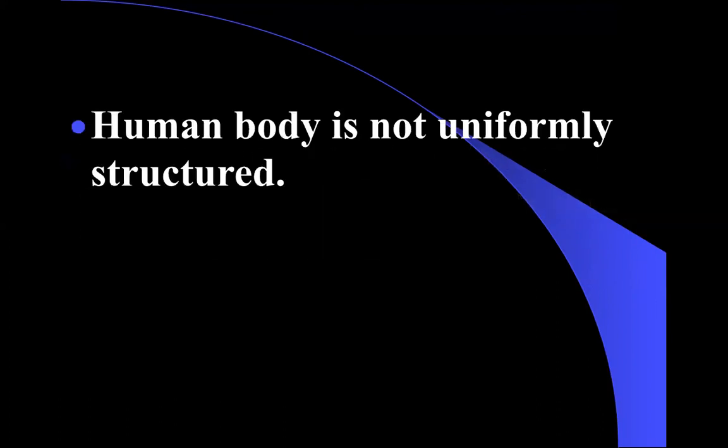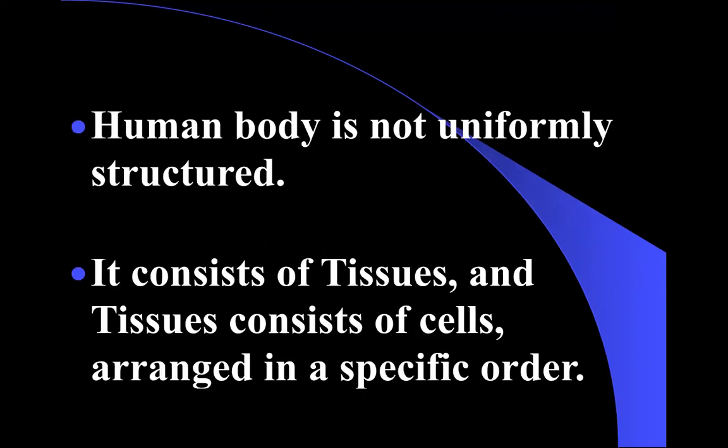But the human body is not uniformly structured. It consists of various types of tissues, and the tissues consist of cells which are arranged in specific order.